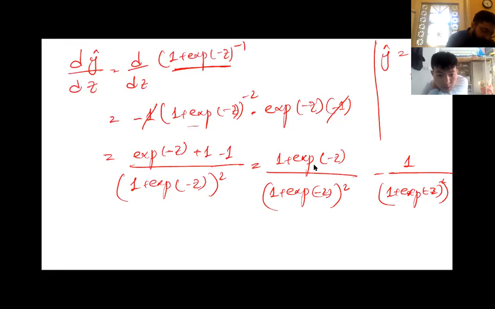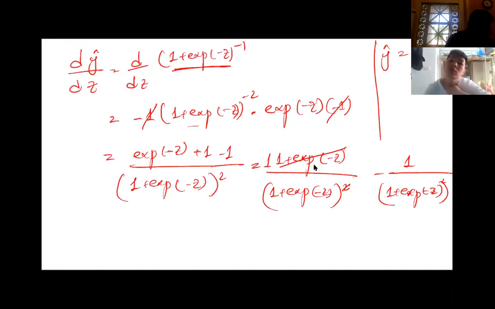Okay, and this cancels out with this. So this becomes 1 divided by 1 plus exponent minus z. And what is this? This is exactly y hat, right?